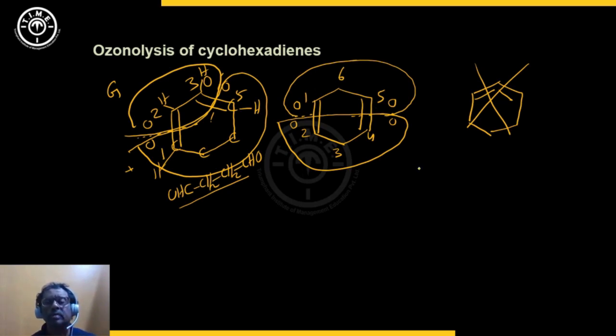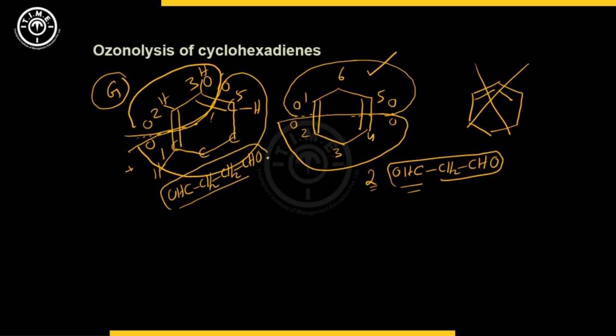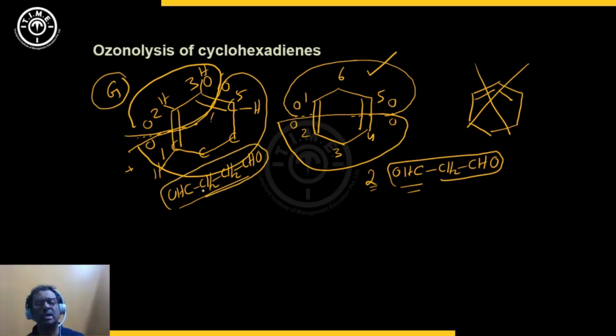So this is what this is: a CHO, a CH2, and a CHO, propane dial. Two such moles. Right? So check. This is symmetrical. Therefore, only one product you got. Two moles of one product. But here, the two products are different. One is glyoxal, the other is butane dial. Butane 1,4 dial is same as butane dial.